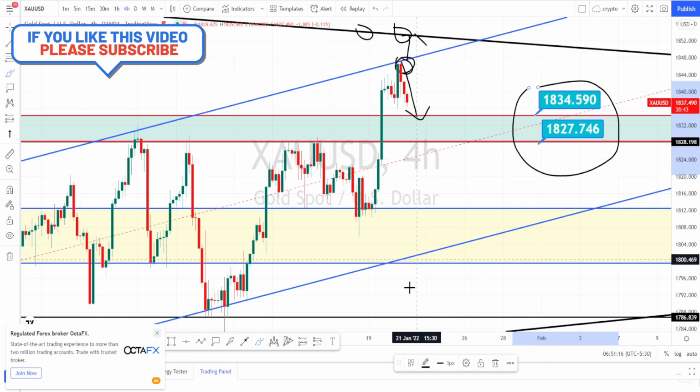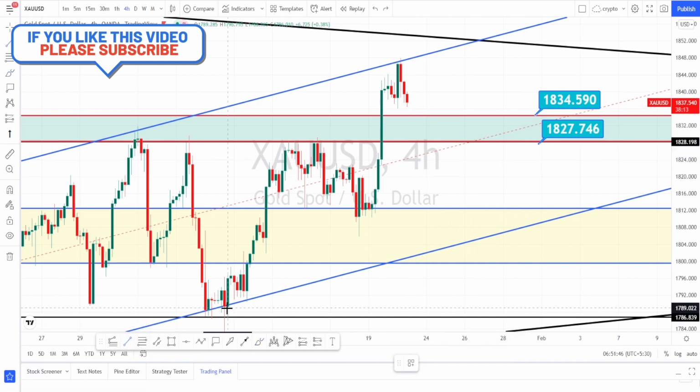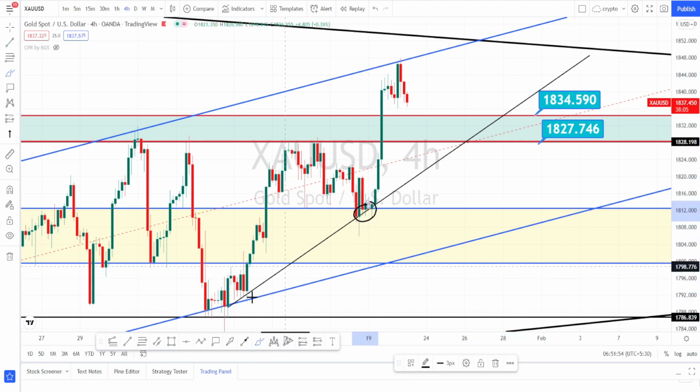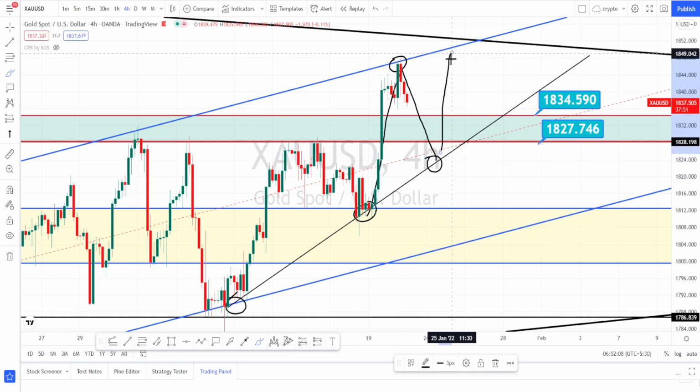So when we draw a trend line and check the current price action trend, you can notice that the price action has taken support on this trend line and it has gone on a bullish trend and bounced back from this channel pattern resistance line. I am expecting it to retrace up to this support line or the trend line, then bounce back.